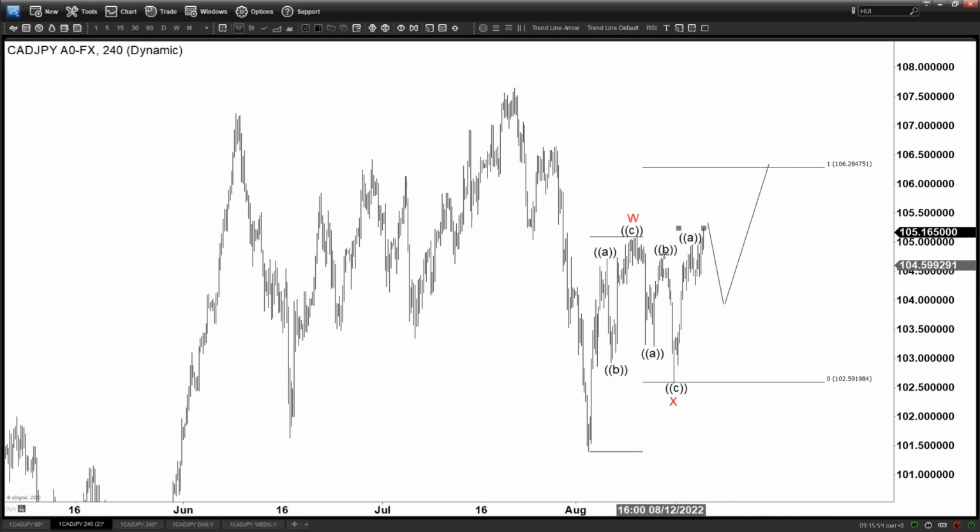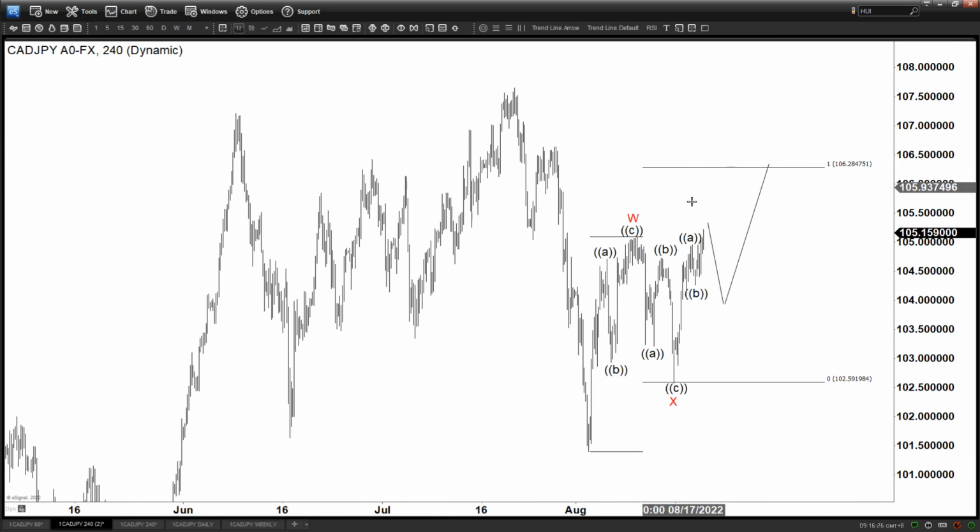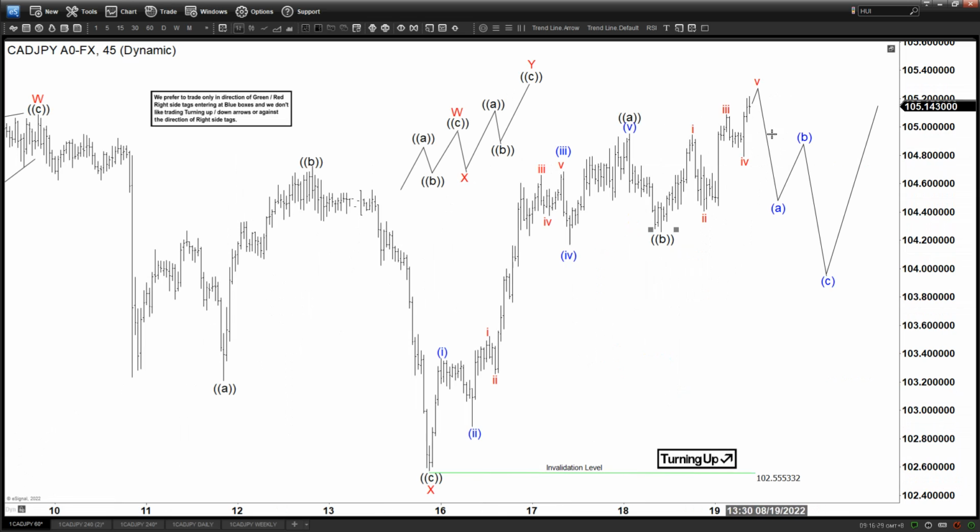The A could be finished here, and this is the B, and we go straight up like this, C. So if you go to the 1 hour, I can change the count, I can move this a little bit to here, and then I can call 5 AB finish here, and then we go up straight into this target area without really pulling back first. So that's definitely another option.